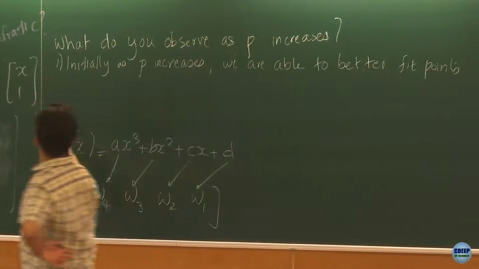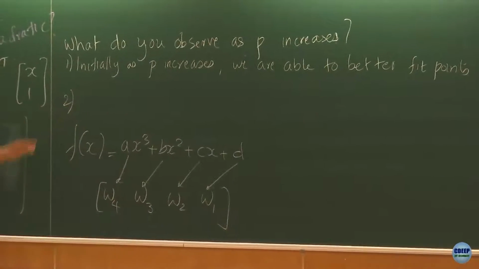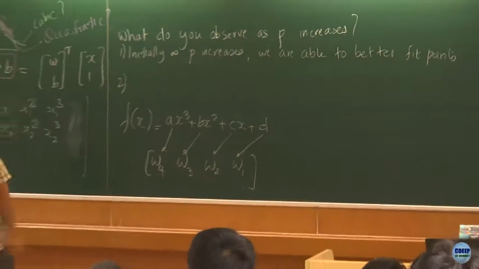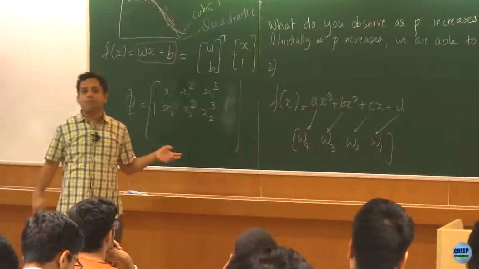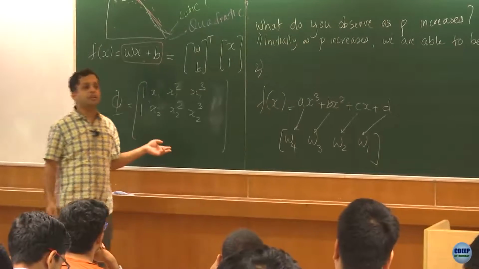What you also pointed out is that while we are able to fit points better as P initially increases, subsequently for large values of P, you are also learning to fit the noise.